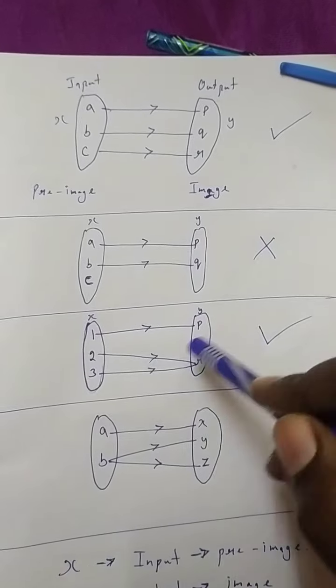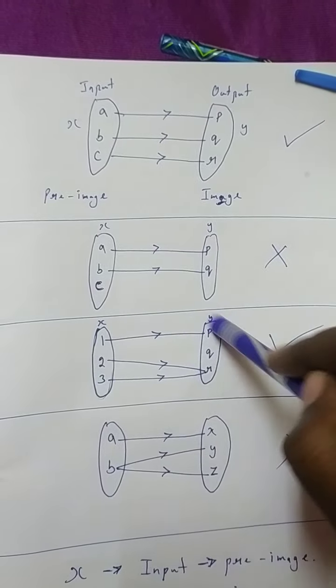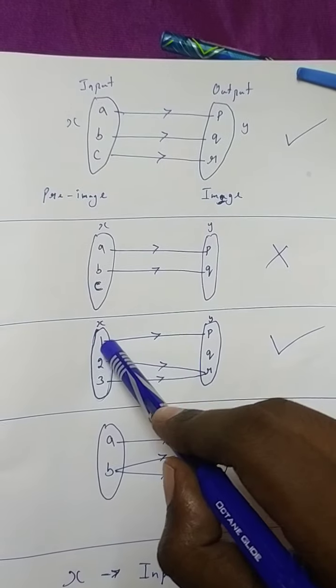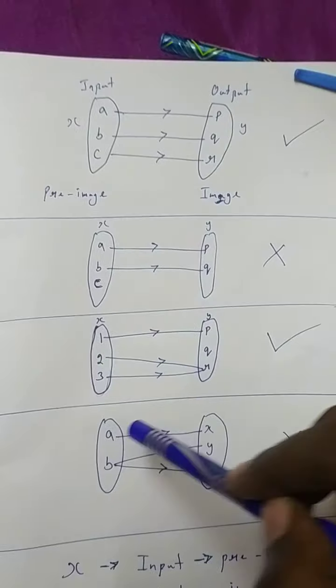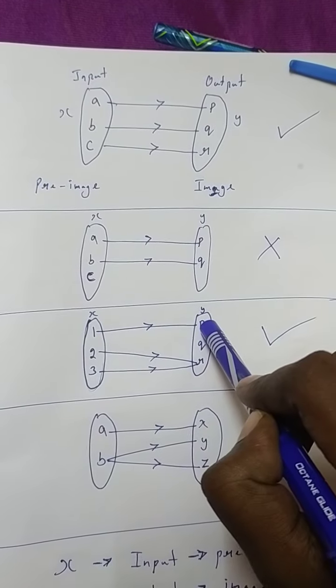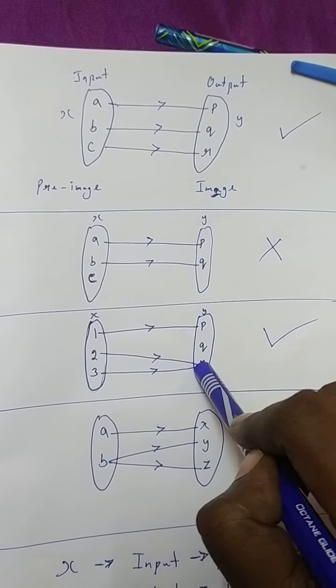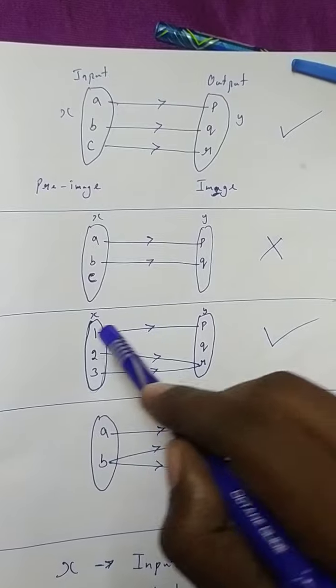So next example: 1, 2, 3, P, Q. This is the domain. These are the images, right? Now, first condition: all the elements in the domain must have an image. Let's check 1. Yes, this has an image. 2 also has an image. 3 also has an image.